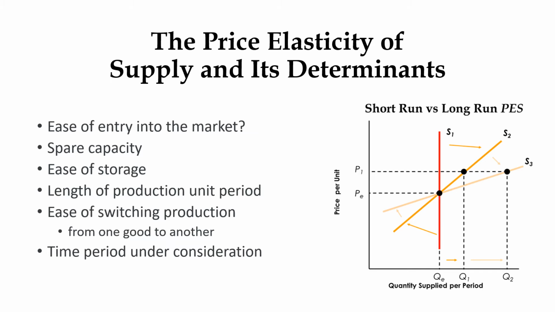Okay. The other thing, which this graph here on the right is illustrating, is the time period under consideration. Obviously, the more time you have, the more elastic the supply becomes, the more you are able to respond to price changes.